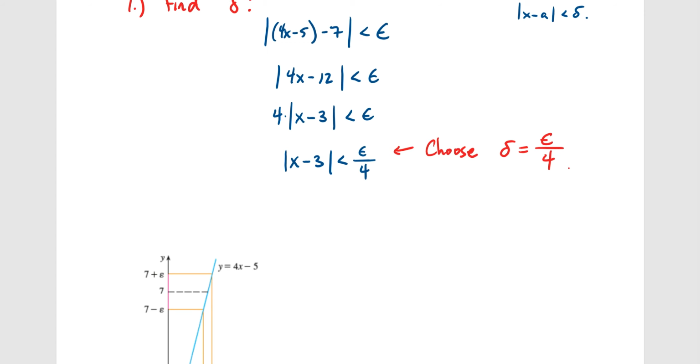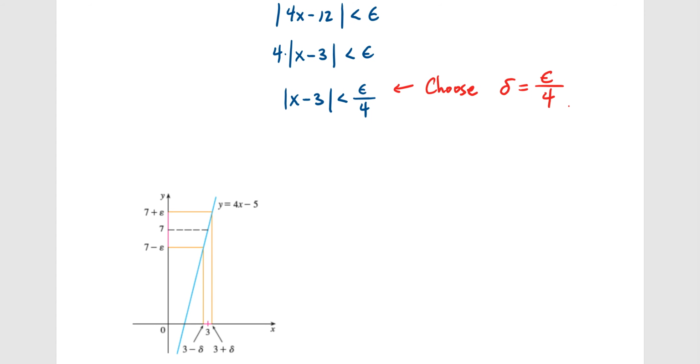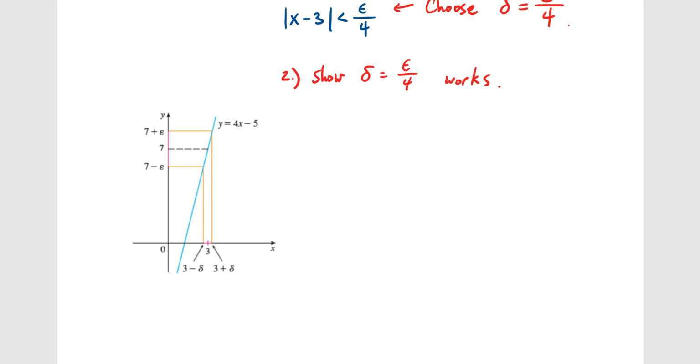And the second step here, before we take a look at this graph, is to show that this delta value works. We need to show that it works by going back and essentially plugging it in.